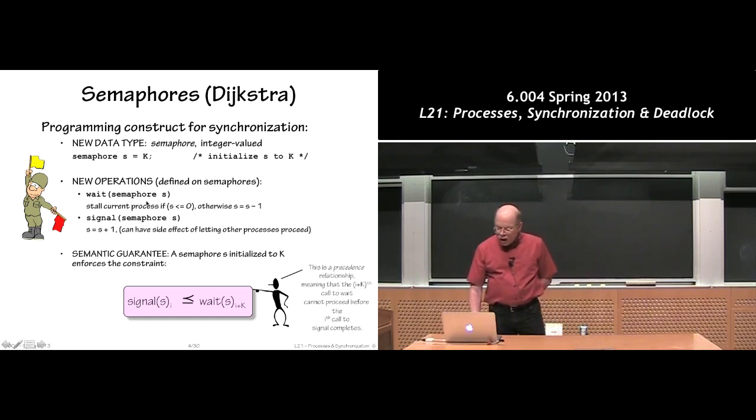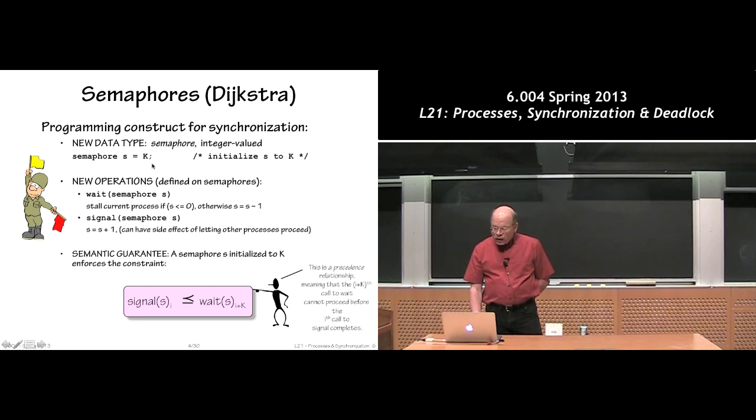So remember, the argument to wait and signal is the name of a semaphore, and you should think of the semaphore as having an integer value. In this case, you can see we initialized it to k. And so what we're doing is that we're managing a resource that has k parts to it, and that'll become more obvious.